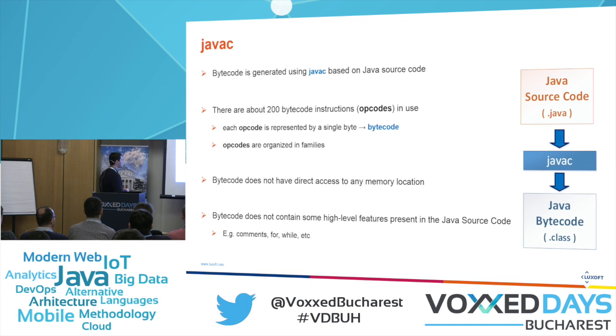An interesting thing is that at the bytecode level, we don't have any memory access. We don't have any register access. And at the bytecode level, we don't see any high-level features that we have at the Java level. For example, all the comments are erased. All the for and while loops are desugared into jump executions, into dispatch executions.